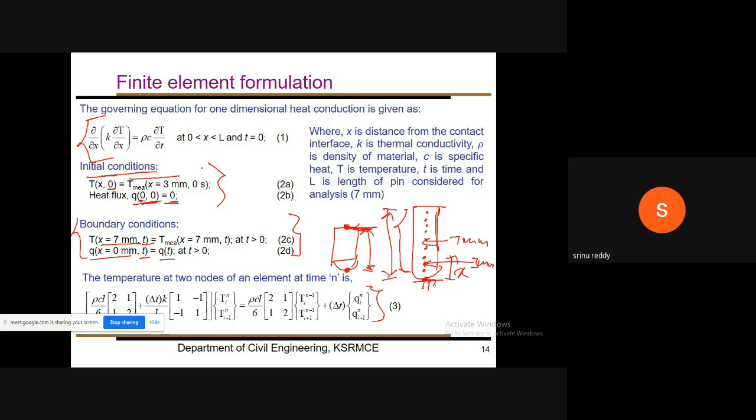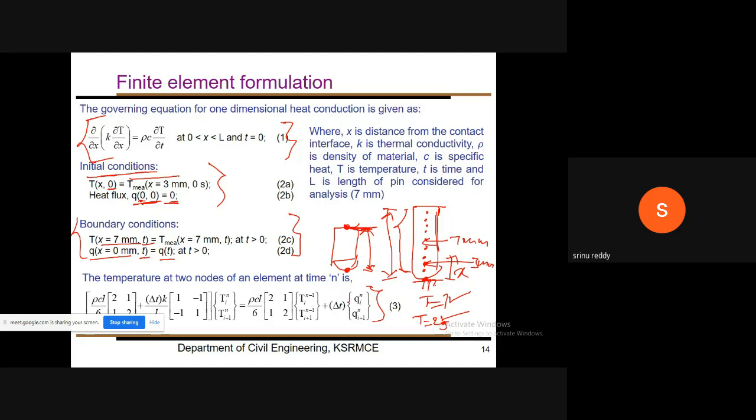And later, as I already told, the governing equations we can convert to a finite element model. While deriving this finite element model, we used the finite element concept for space. For time, when time progresses from the first temperature at t equal to 1 second to t equal to 2, whatever temperatures we have estimated at t equal to 1, we have to give as input for t equal to 2 seconds. So for going to the next second while estimating temperatures, we have used a finite difference model.